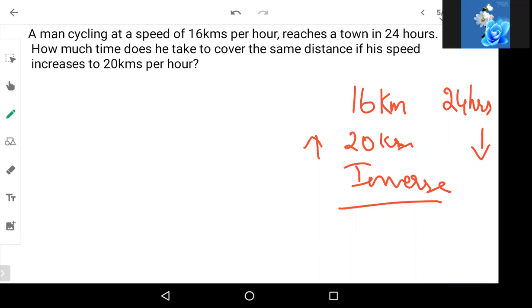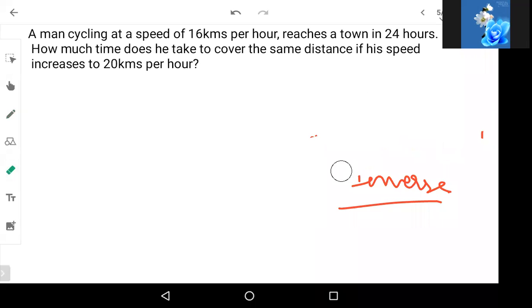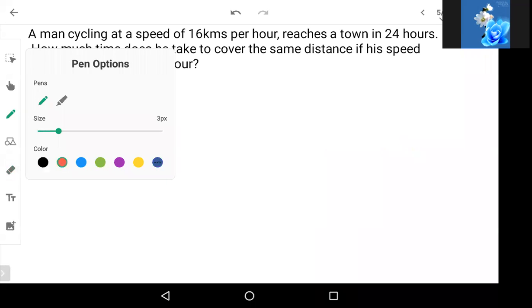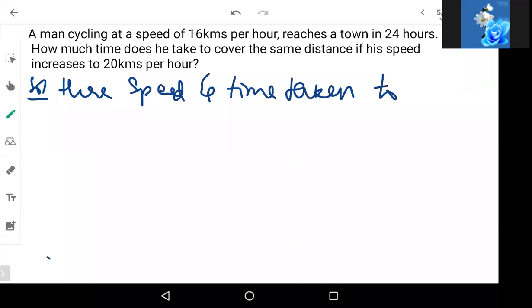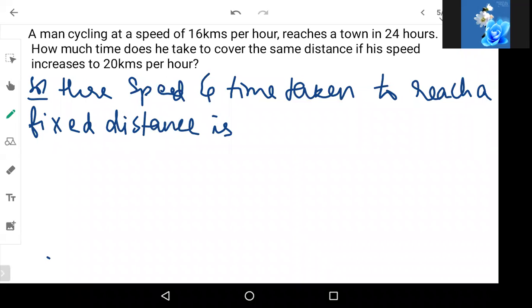Okay, now let us start the problem. Let us define or let us say that it is an inverse proportion problem and then we will solve it. So solution, here speed and time taken to reach a fixed destination or distance, that is a fixed distance, is related.